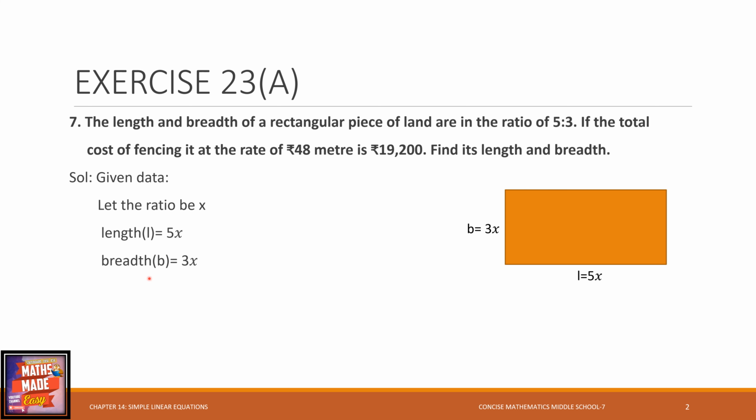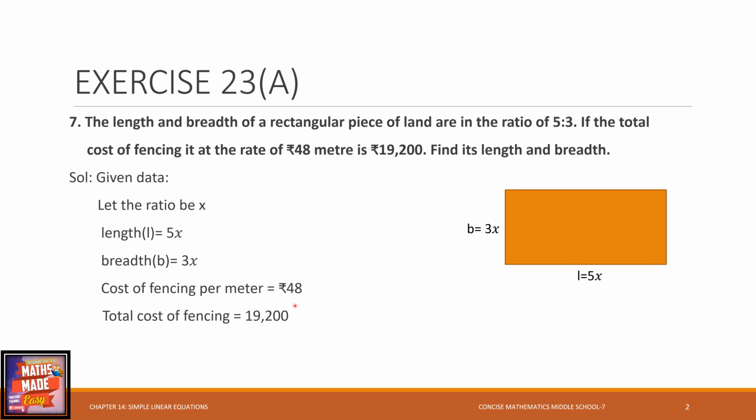For finding out length and breadth, we need the perimeter, right? But they didn't give us the value of the perimeter, but they have given some indirect values like per meter cost of fencing is 48, and the total cost of fencing that he has to pay for fencing his land is 19,200. So these are some indirect values.